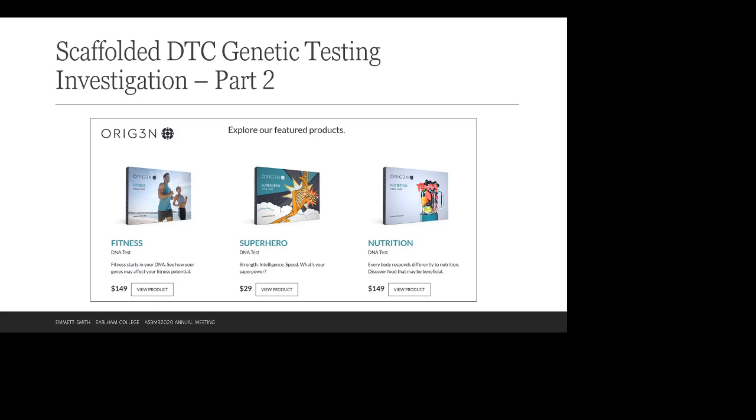It gets them into primary literature, but they still feel that agency and ownership of this project. And we're starting to pick apart these direct-to-consumer genetic testing companies and learn a lot more about what you're actually getting behind the fancy packaging and the fun logos, right? So the students enjoy that.